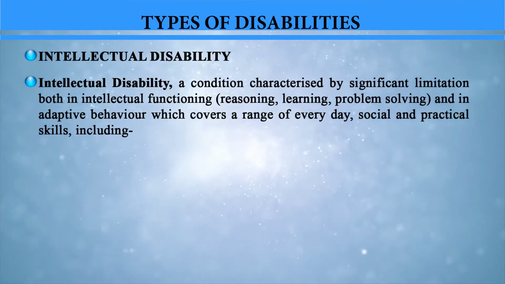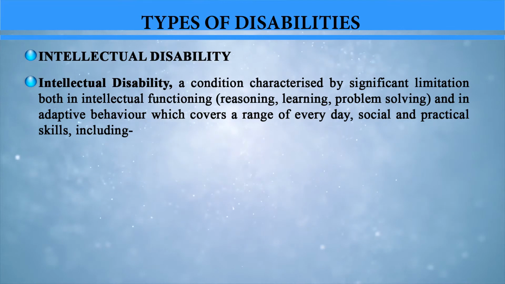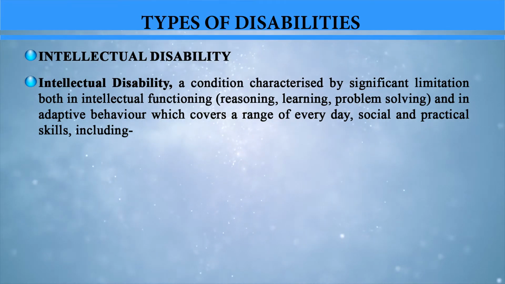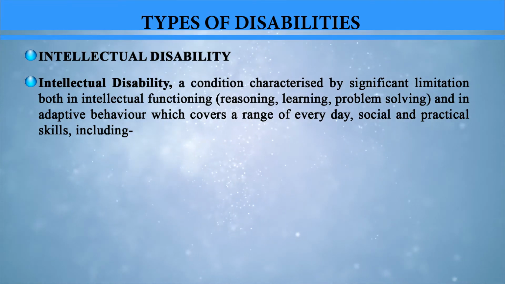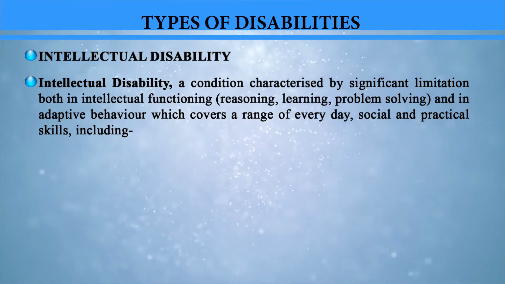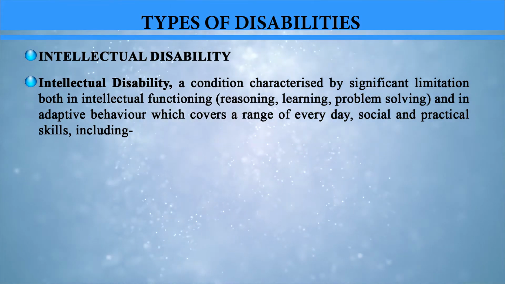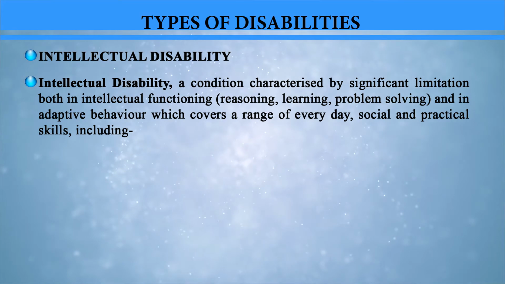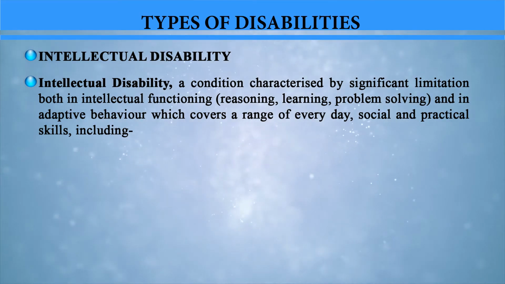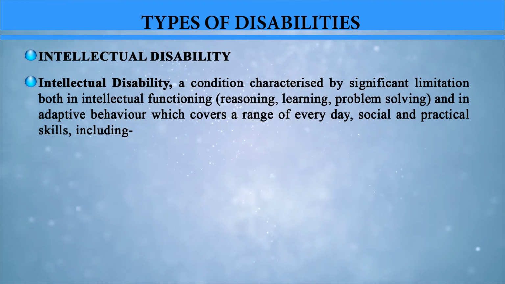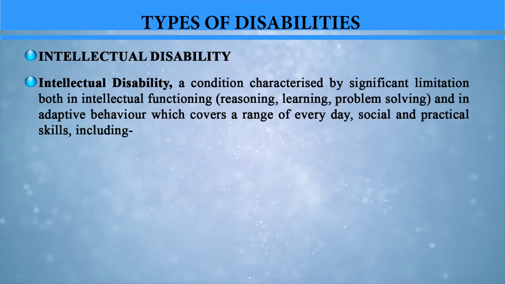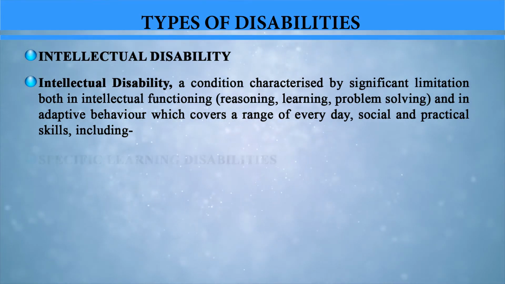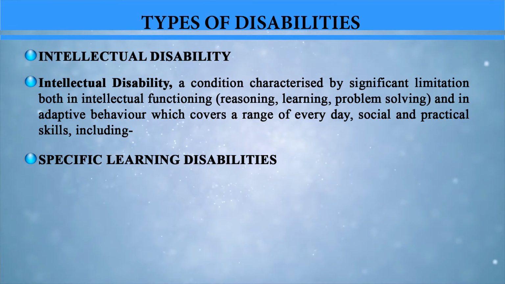Intellectual disability means a condition characterized by significant limitation both in intellectual functioning, means reasoning, learning, problem solving, and in adaptive behavior, which covers a range of everyday social and practical skills, including specific learning disability.